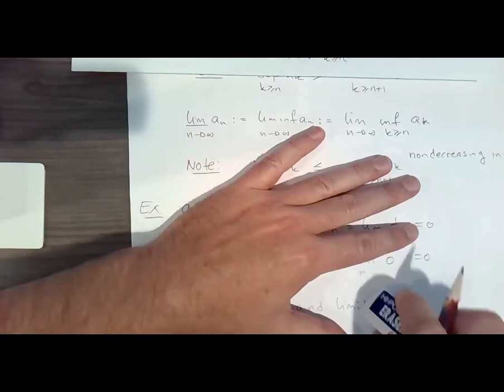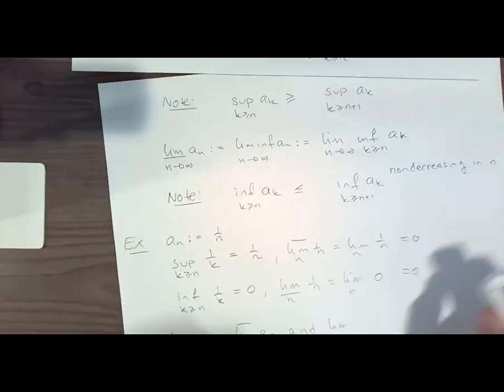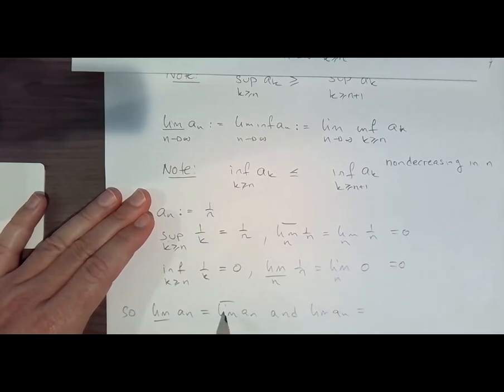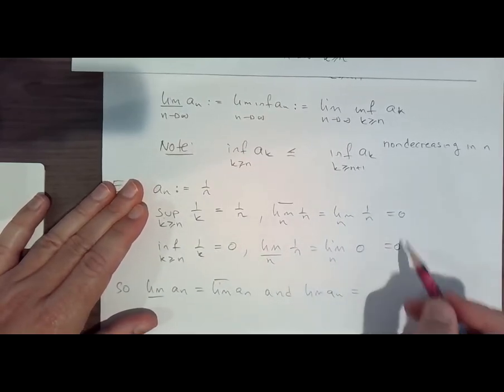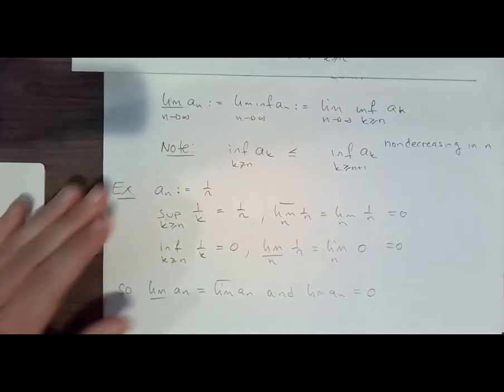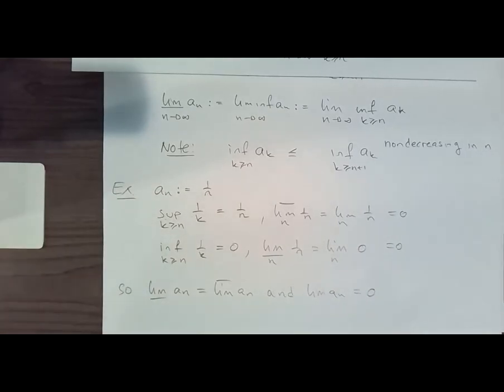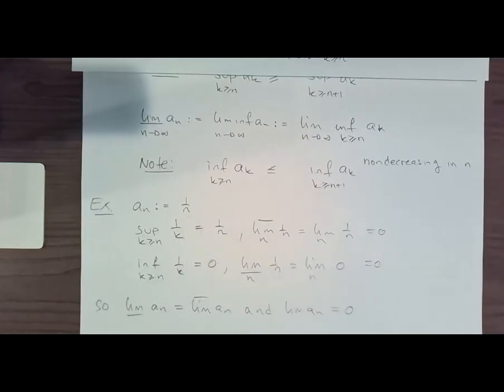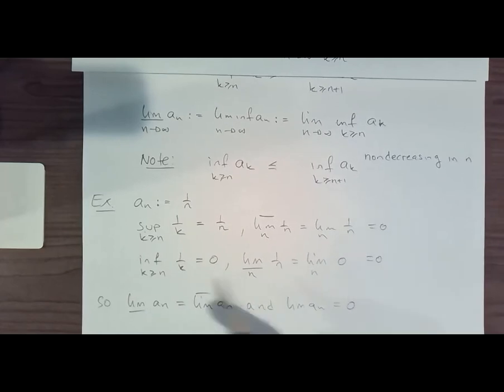And this limit exists, and it happens to be exactly the same as these two. So we can go back to our first example where we did have a limit, and we can compute lim sup and lim inf in that particular example, we can see that they coincide, and they coincide furthermore with that limit.